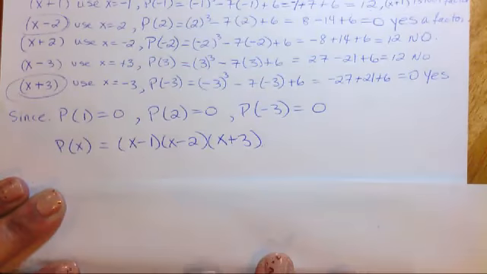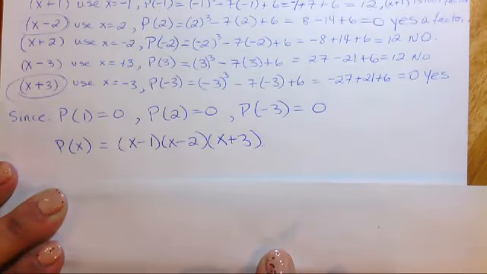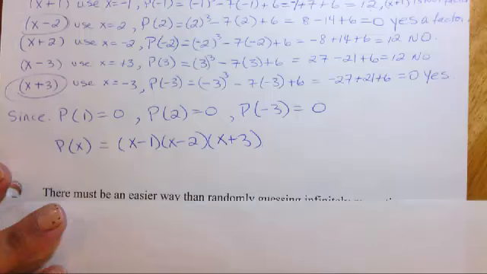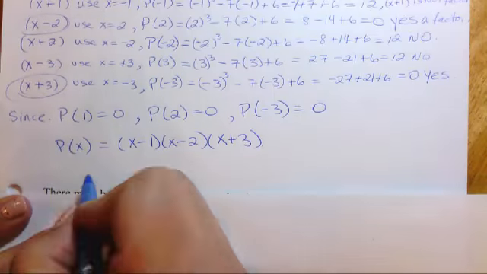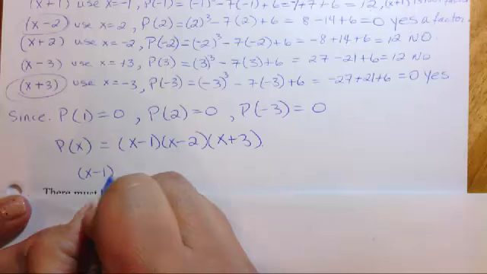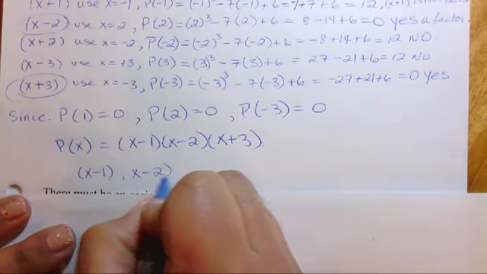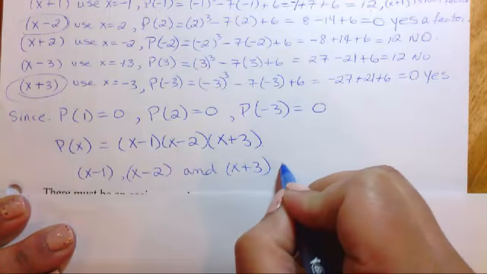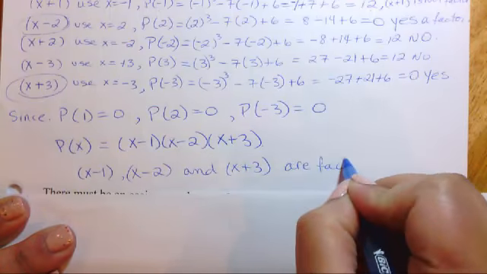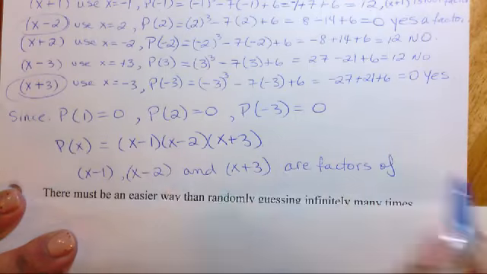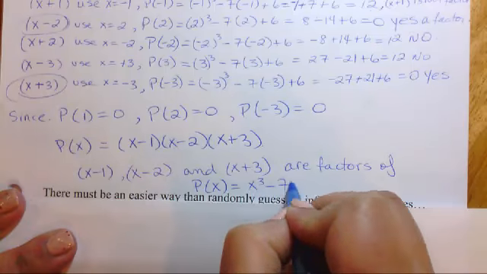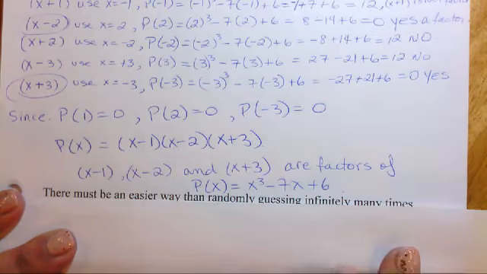So those are all factors of my original question that was given, which was x cubed minus 7x plus 6. Okay, so we could also say that x minus 1, x minus 2, and x plus 3 are factors of p of x, which is x cubed minus 7x plus 6.